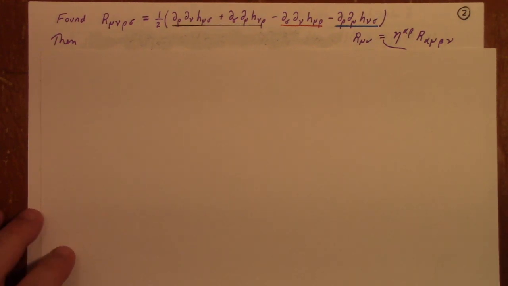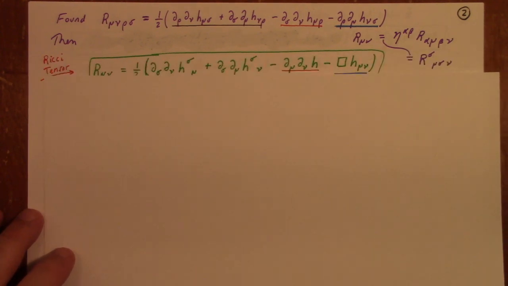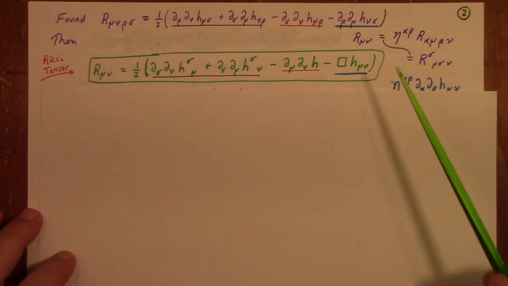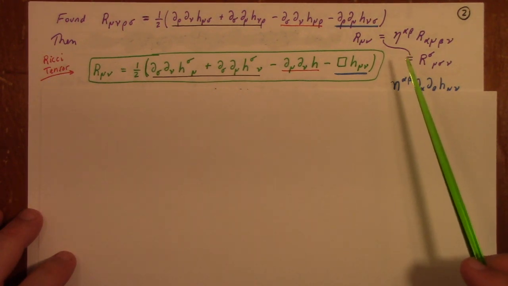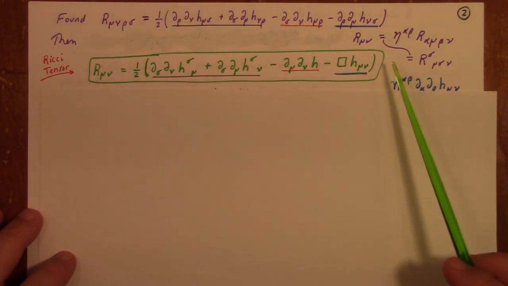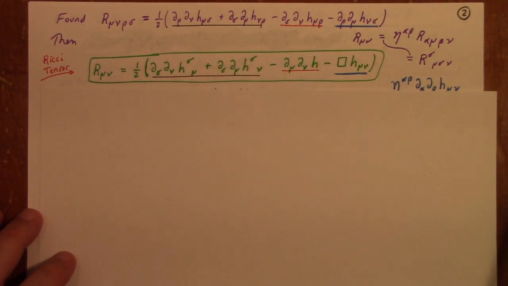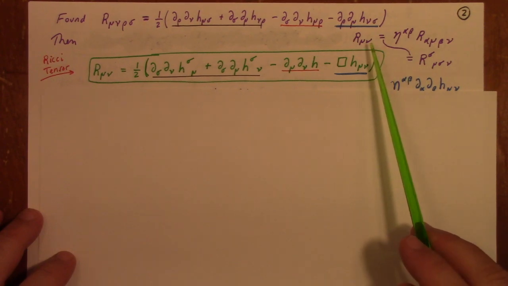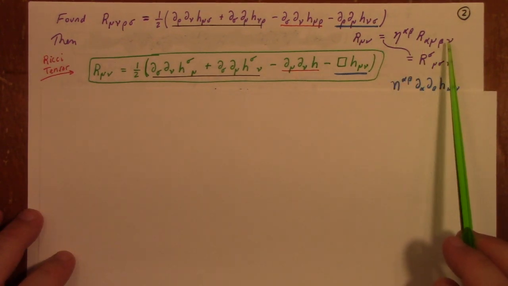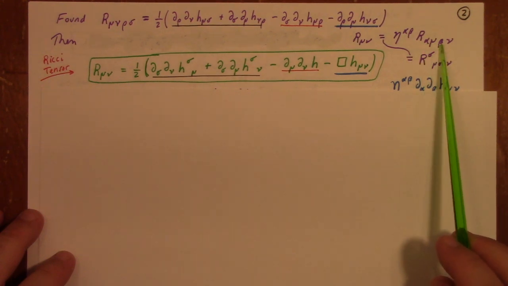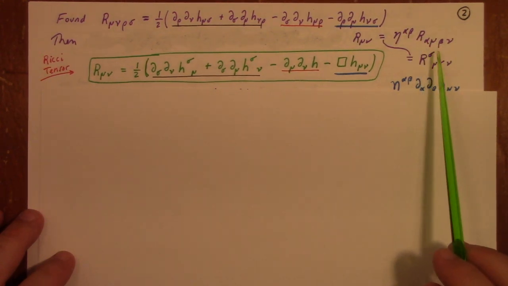All right? And I think it makes sense if you just take a step back and think about it. So we're talking about a space which is flat, except for this ripple from the perturbation. And so it makes sense that the curvature is totally due to that perturbation, all right? Now, the Ricci tensor we formed from contracting over the first and the third indices of the Riemann tensor, like so.